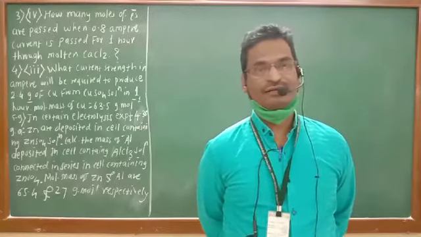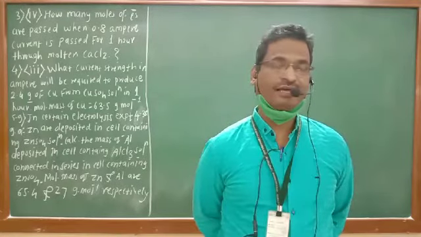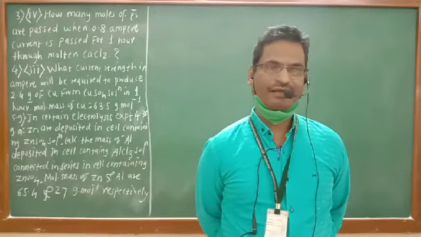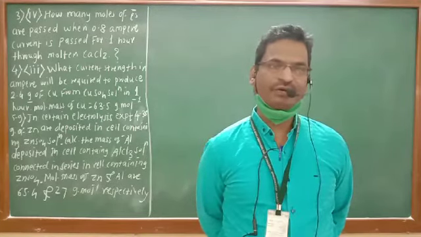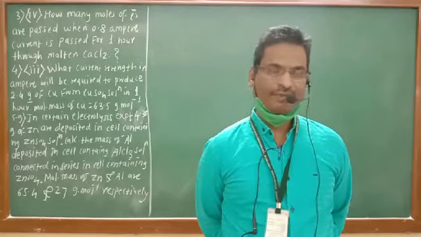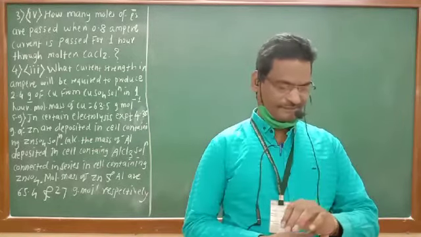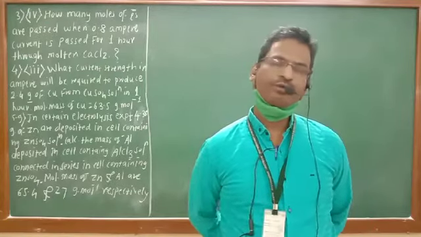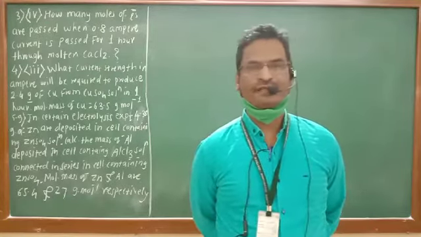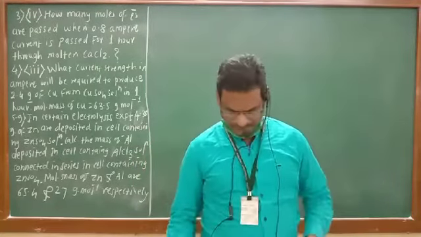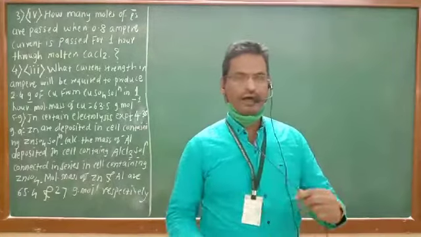In the last lecture, we completed the quantitative aspects of the electrolysis process in electrochemistry, and based on those quantitative aspects, we studied how to calculate the amount of substance deposited at the cathode and the amount of substance evolved at the anode.